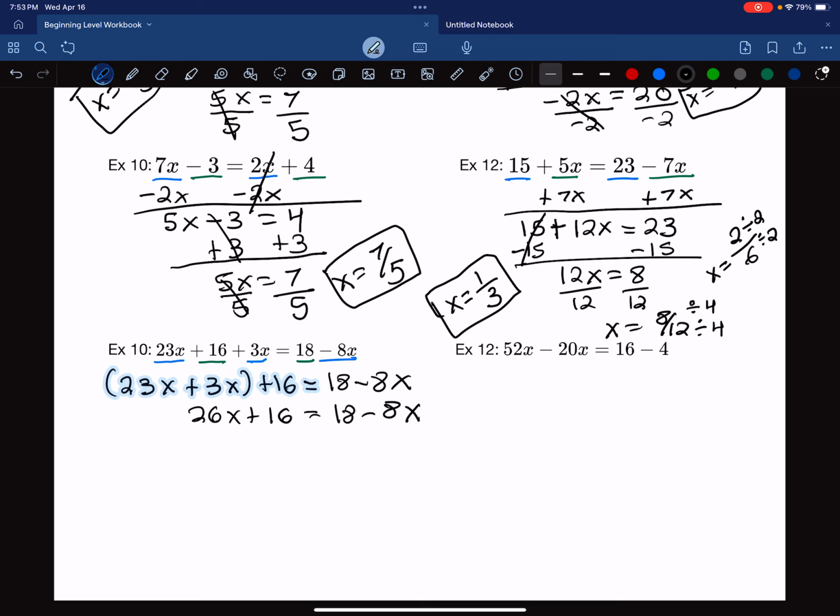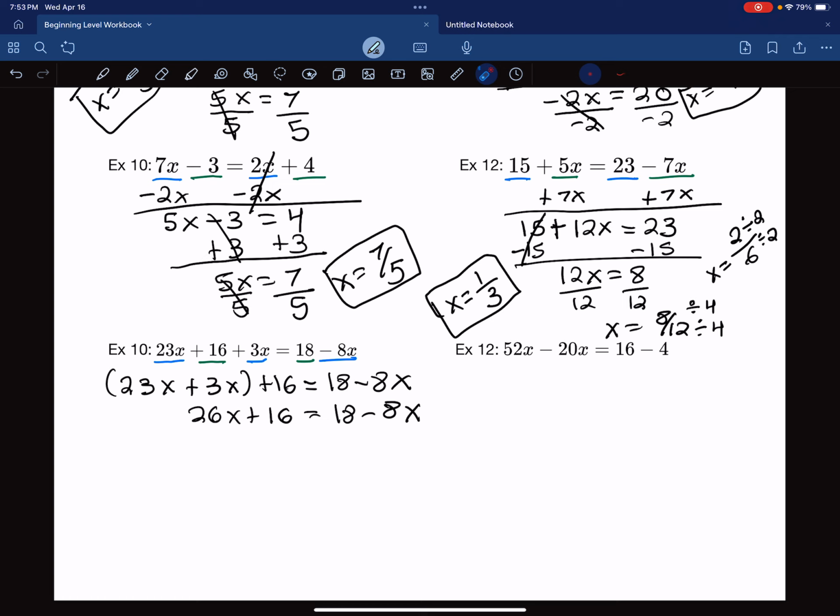And then from here, we have two x terms, or two terms with an x. So we're going to want to get one of those to the other side of the equation.